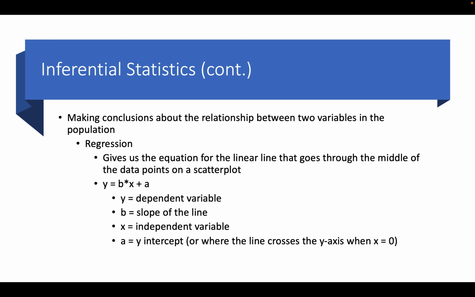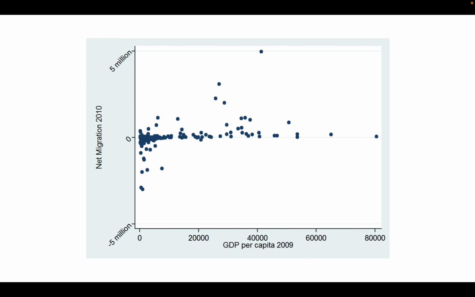And that equation looks like y equals b times x plus a, where y is the dependent variable, b is the slope of that line that we draw through the data points, x is our independent variable, and a is the y-intercept, or where the line crosses the y-axis on a scatter plot when x equals 0. And we'll go through what all of this means.